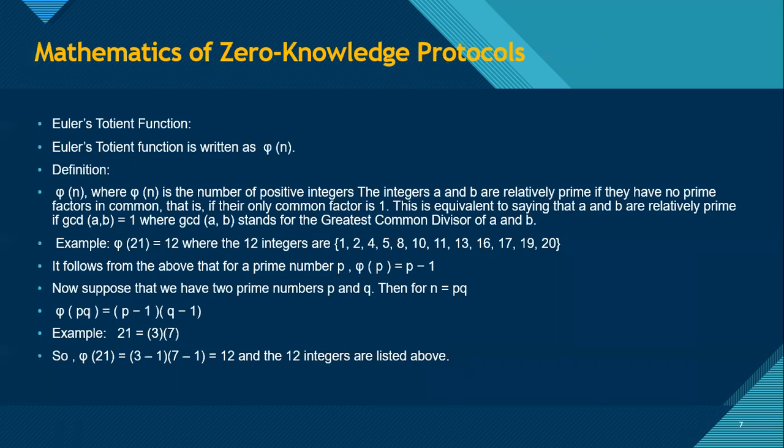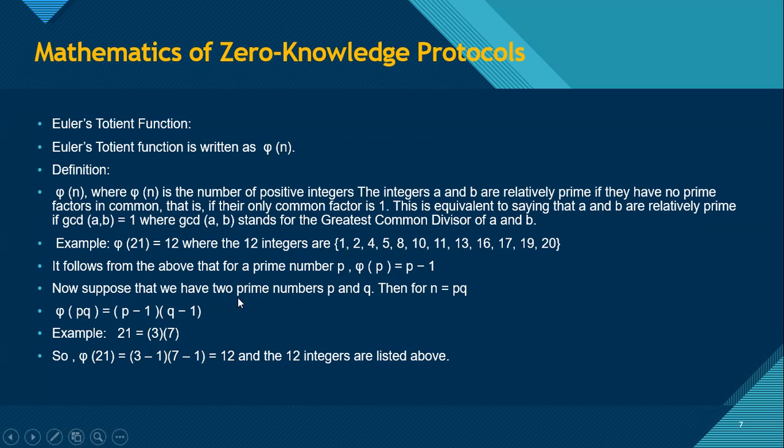This is equivalent to saying that a and b are relatively prime if GCD(a, b) equals 1, where GCD(a, b) stands for the greatest common divisor of a and b. For example, phi(21) equals 12, where the 12 integers are 1, 2, 4, 5, 8, 10, 11, 13, 16, 17, 19, 20. It follows from the above that for a prime number p, phi(p) equals p minus 1.